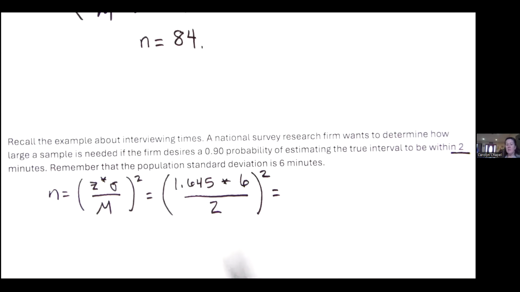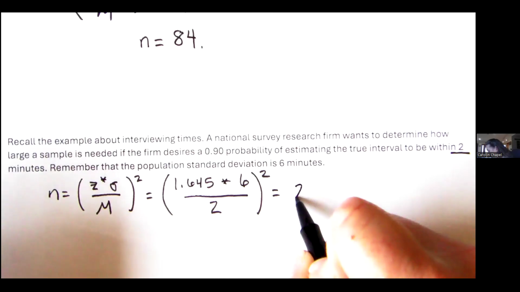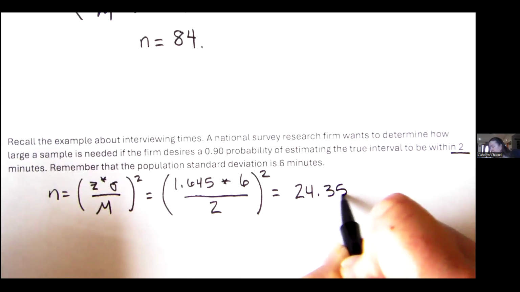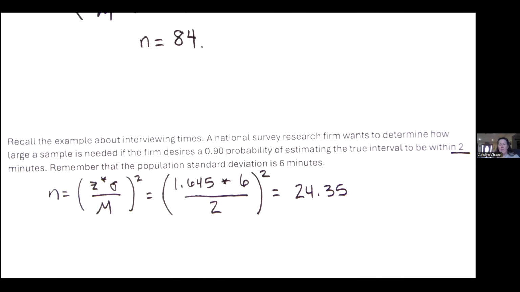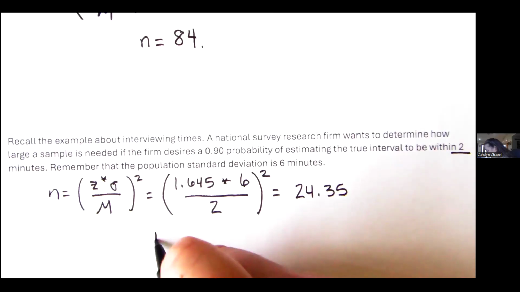So I'm going to do what's inside the parentheses first. So 1.645, and I'm going to multiply that by 6. Divide that number by 2. And then I'm going to square it. And I get 24.35. But we always, always round up.